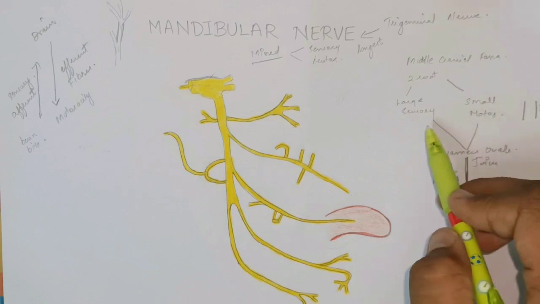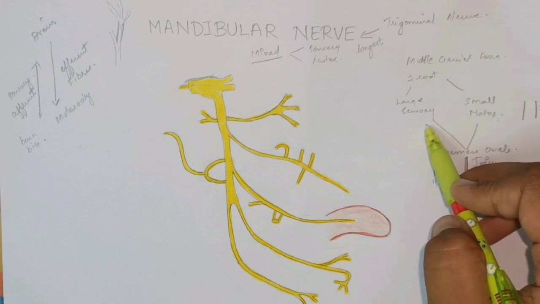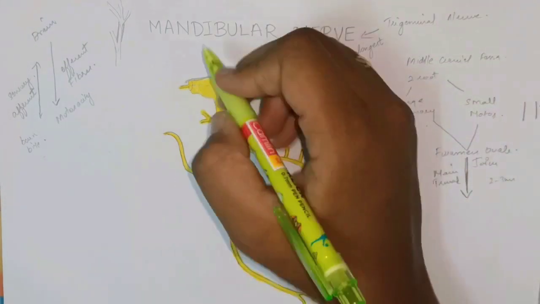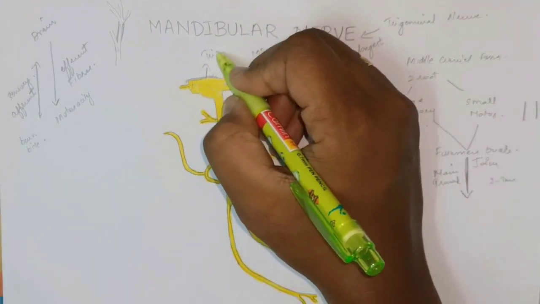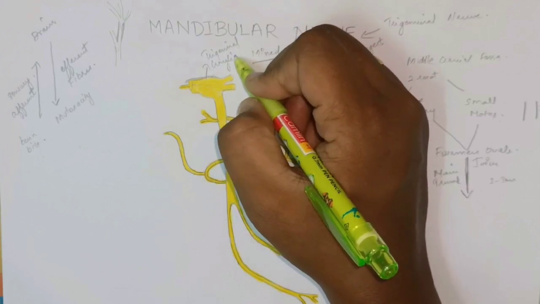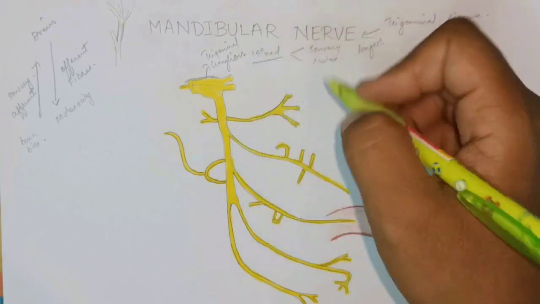So what I said earlier, you have 2 roots, that is a large sensory root and a small motor root. These 2 remain in the middle cranial fossa, and before that, this large sensory root will come on the lateral side of the trigeminal ganglion.